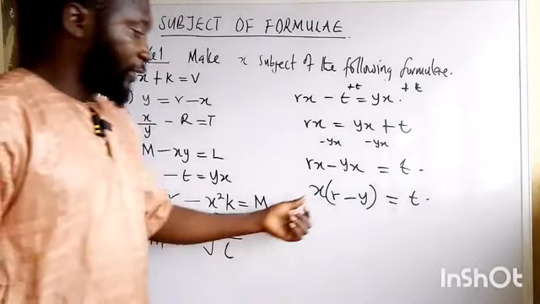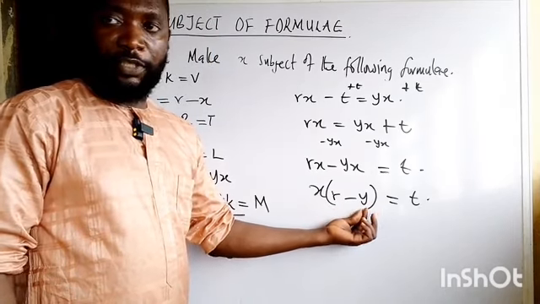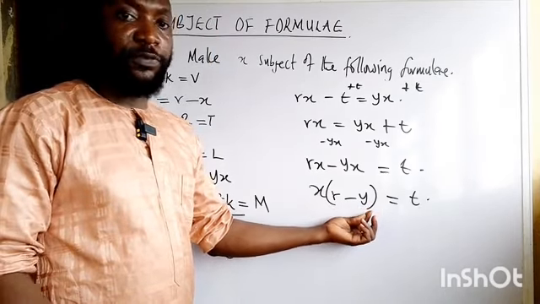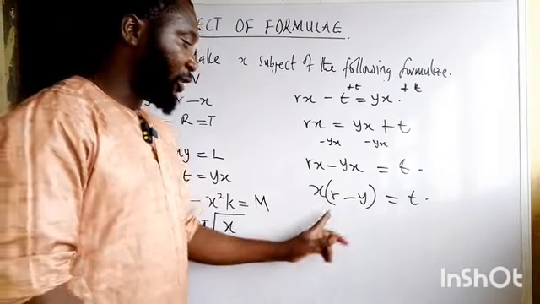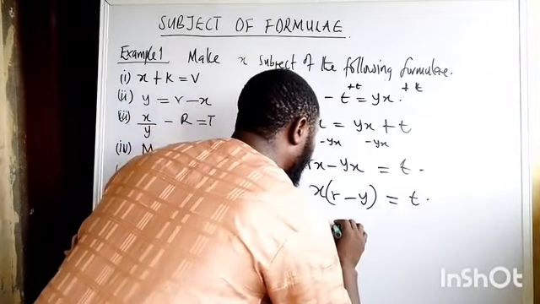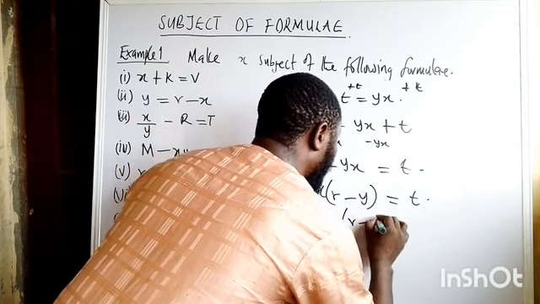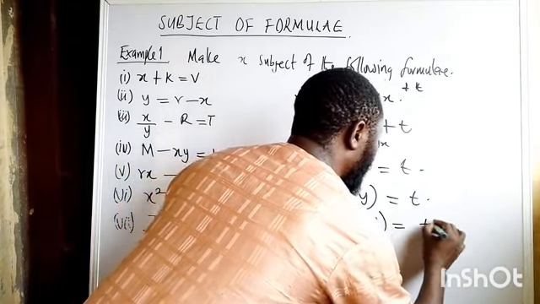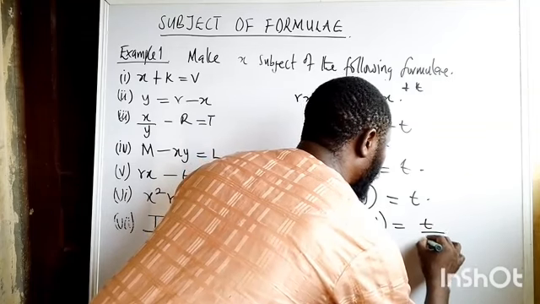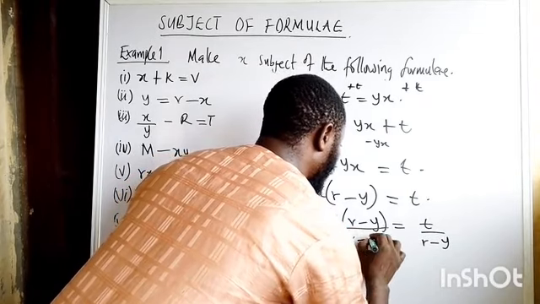Now to make x subject, this is very simple. We have x and something joined to x by multiplication. Opposite of multiplication is division. Just divide both sides by r minus y. So you have x open bracket r minus y, equals t divided by r minus y, divided by r minus y.